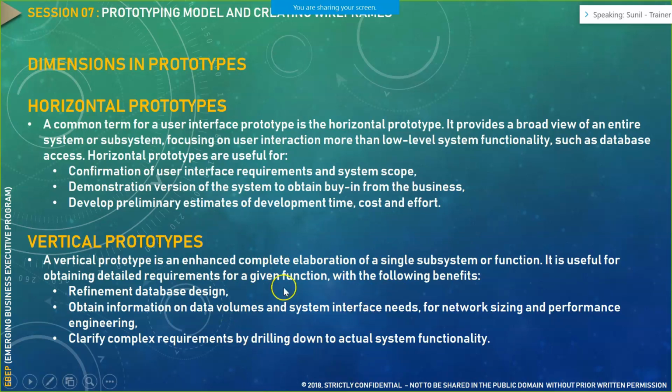So whatever behavioral aspect of the top level prototype there is would be elaborated in your vertical prototype. And the vertical prototype would always go under your functional specification document or the low level documentation. So high level documentation, the BRD, would have horizontal prototypes, and low level documentation like the functional specification document would have vertical prototypes.